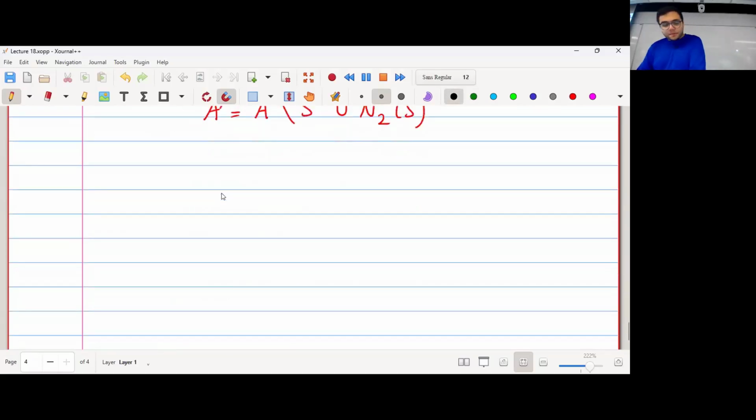So another thing that I defined in the problem set is an independent set.